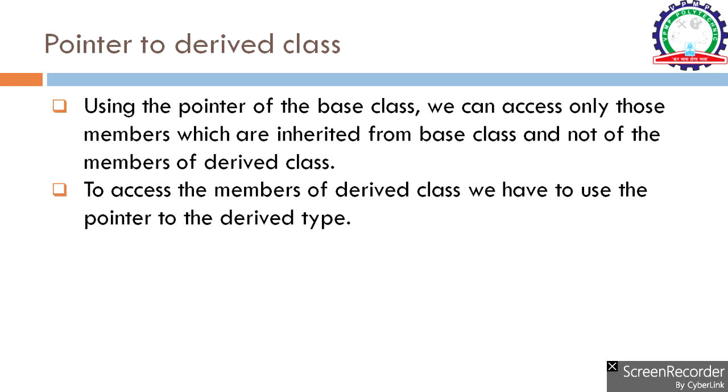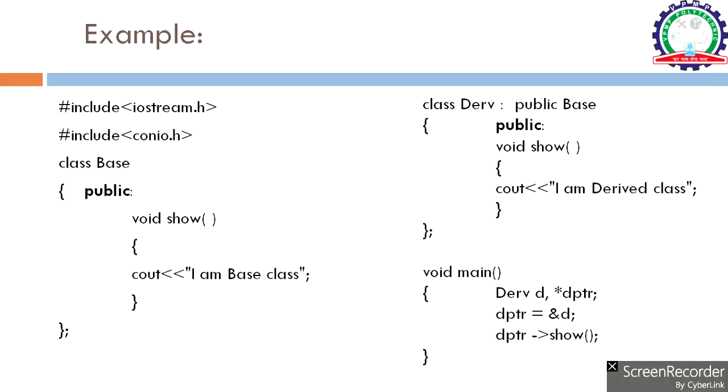But now to access the members of a derived class, we have to use the pointer to the derived class type, right? So that we can access all the members from the derived class. Now let's see a simple example. Here the base class name is base and it has one member function which displays the value, simply, I am base class.